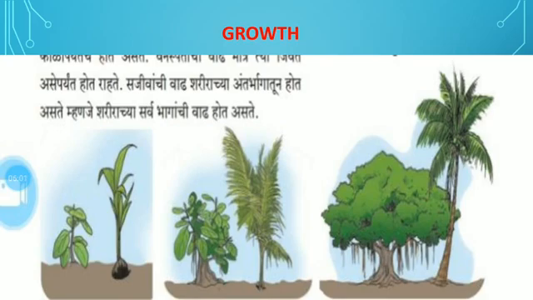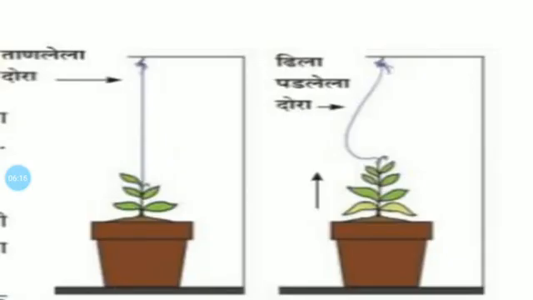With the help of this picture we can guess how the growth of plants happens. See, tie a thread to the tip of a potted sapling. Keep the thread stretched and tie it to a peg or nail above the plant.